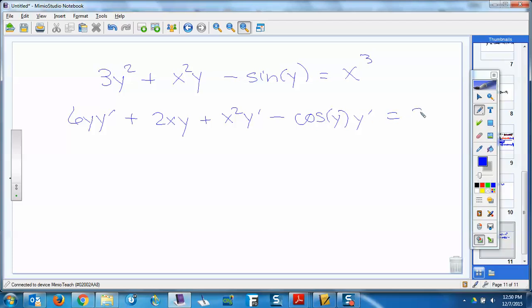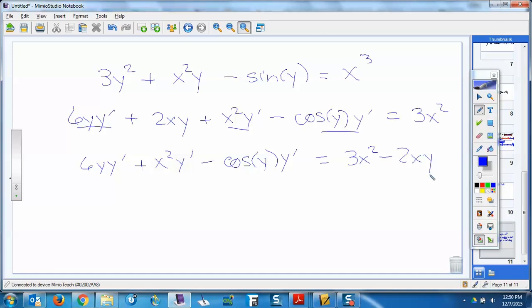Equals 3x squared. So I got 1, 2, 3 that have y prime, and those should stay on this side. So 6y y prime plus x squared y prime minus cosine y y prime should stay on this side. The other side, I got 3x squared, and I'll subtract the 2xy. So keep the y primes together.